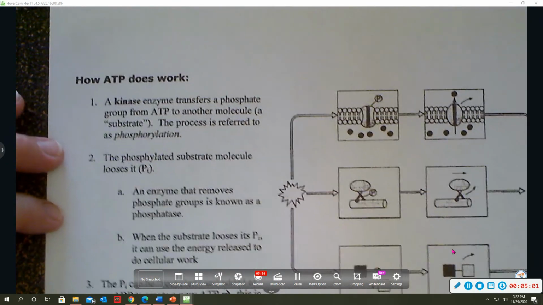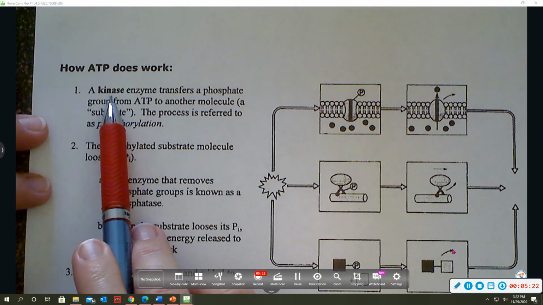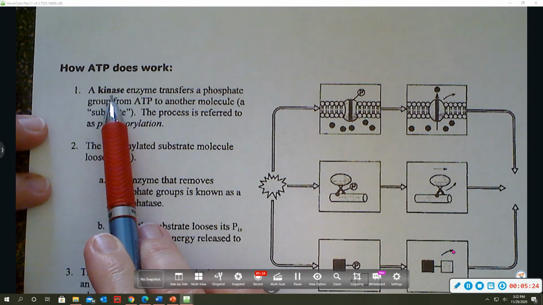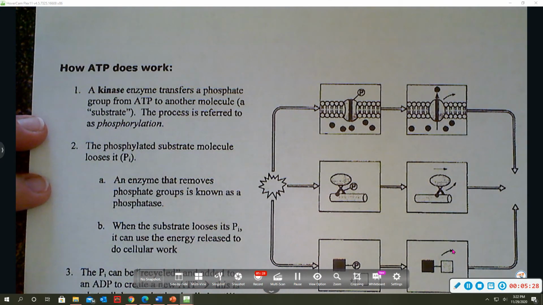So first of all, in order for this to work, we need an enzyme. Remember, you have thousands of enzymes in your cells, and enzymes are proteins that do very specific jobs because their shape is specific, that specific 3D shape. Then they bond to their specific substrate, and in this case, a kinase bonds to ATP, and then another molecule to be able to transfer that phosphate to the molecule.